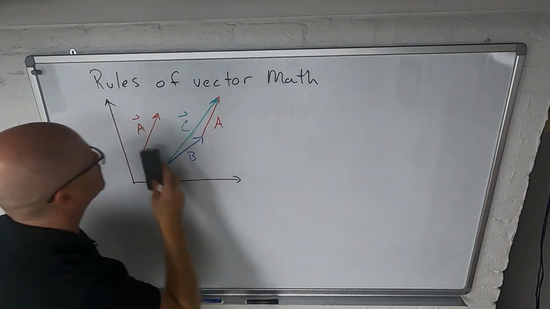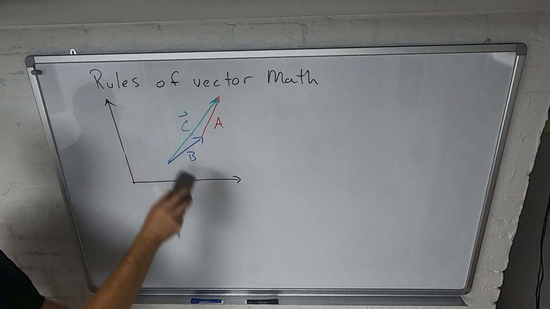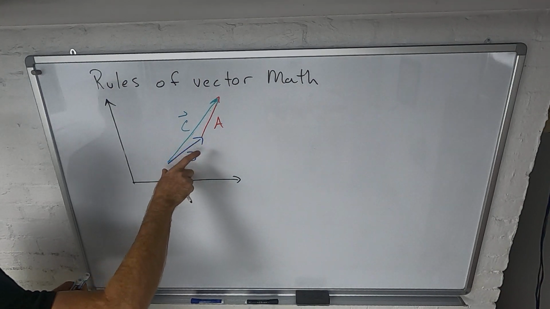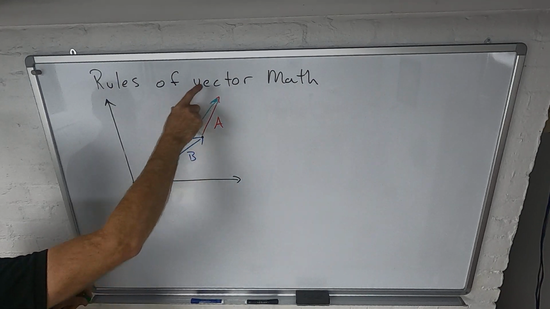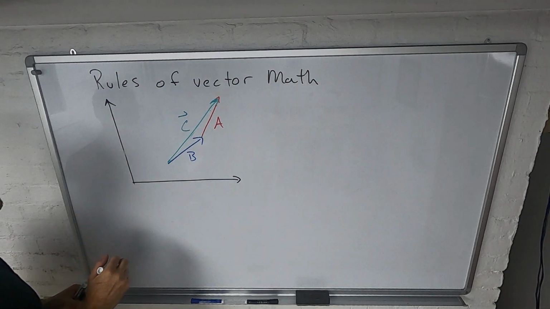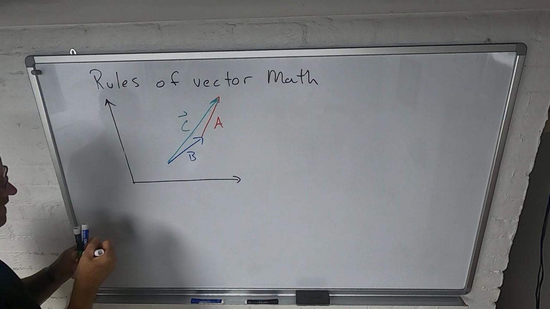All right, so that's the addition in space, how we do this. And what you might notice is that I could reconfigure this to have A and B connected at their ends in the other way, and I would still get the same answer.